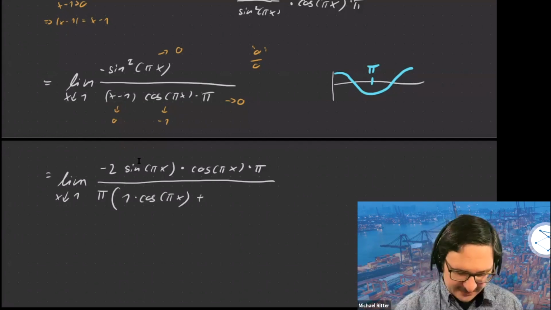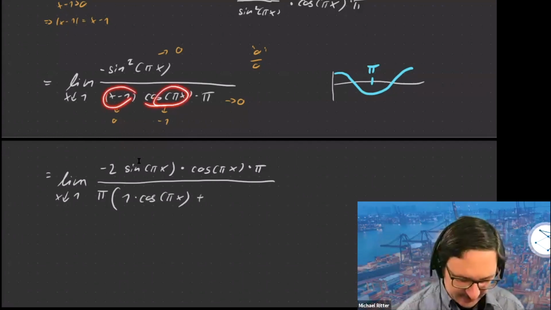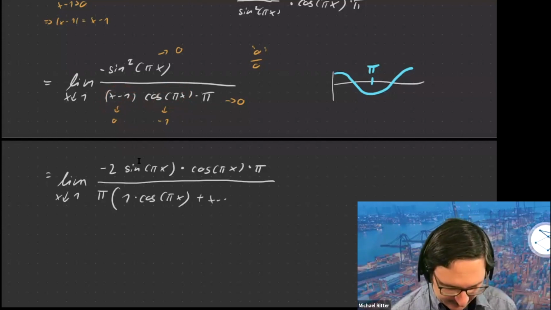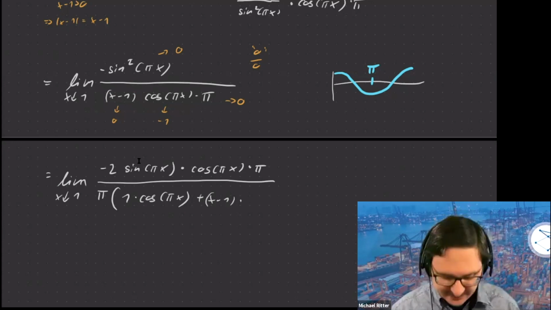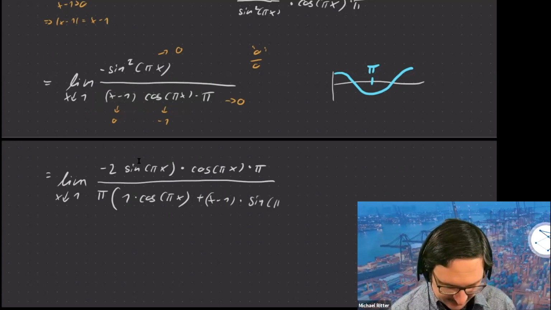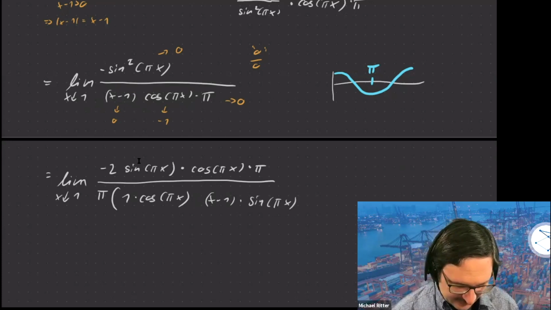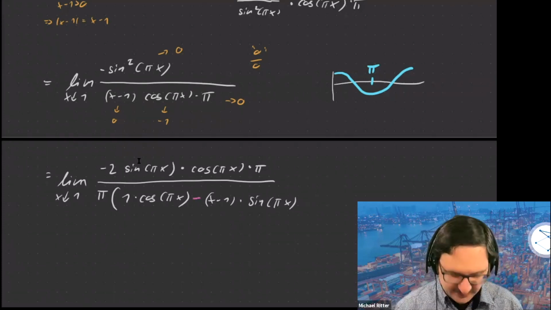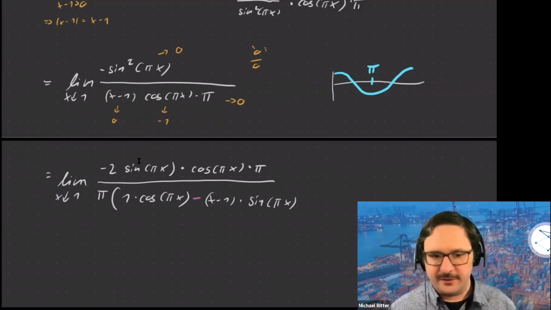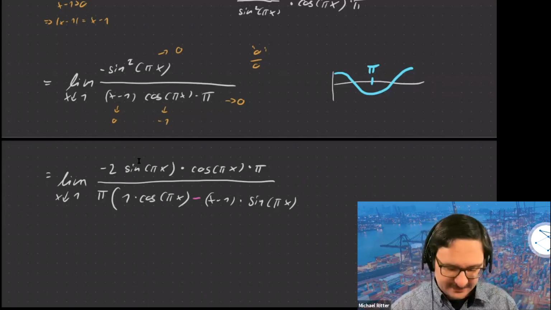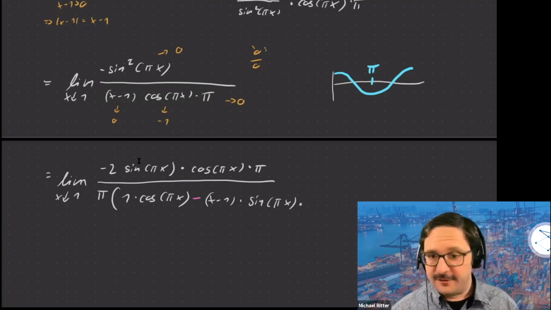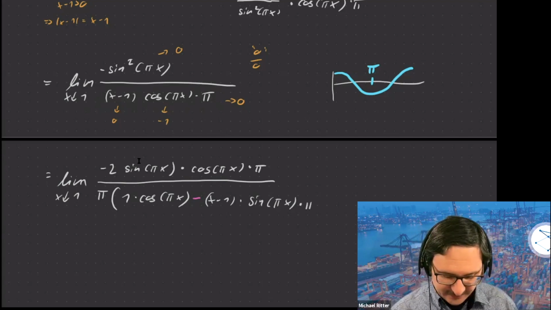And then we add this times the derivative of the cosine function, so plus x minus 1 times, and the derivative of the cosine is the negative sine. So we have sine pi x, and let's change that here to a minus. Maybe let's mark that in red. So this here becomes a minus because of the derivative of the cosine. And once again, if we differentiate cosine of pi x, we have to take care of the inner function, which is pi x, and the derivative of that one is pi.